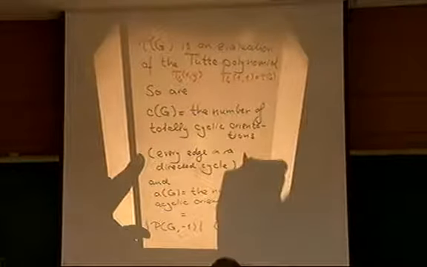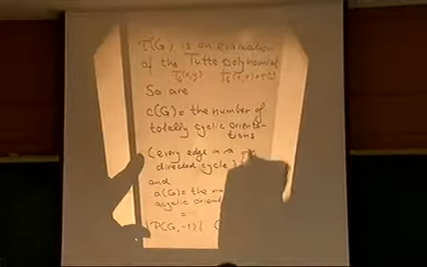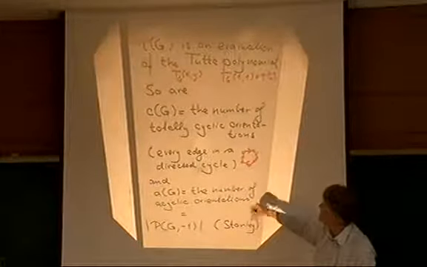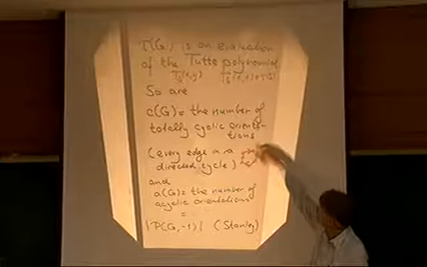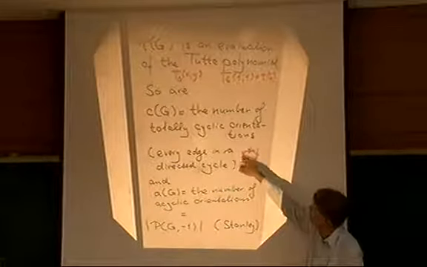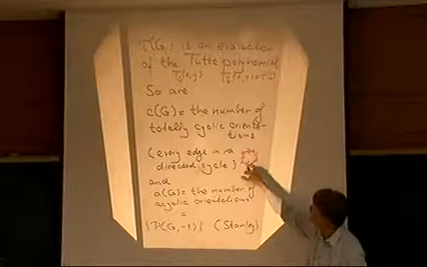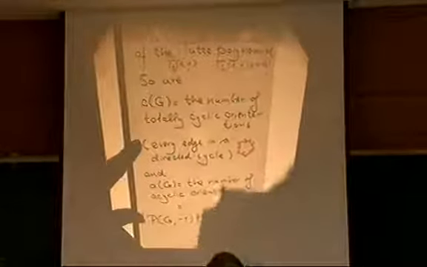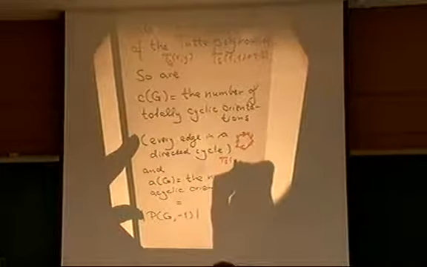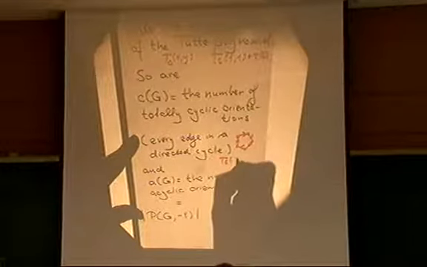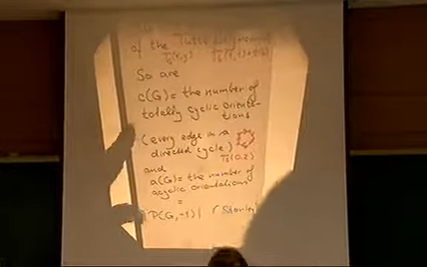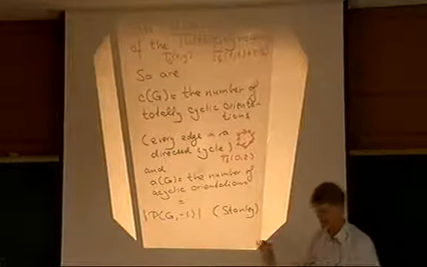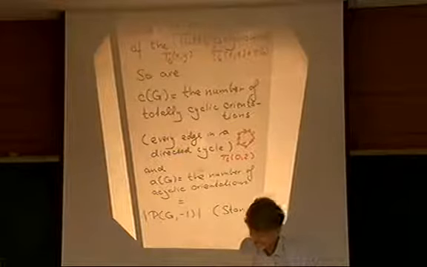By directed cycle, I mean a cycle where all the edges go in the same direction. And totally cyclic orientation means that it's an orientation such that every edge is in such a cycle. And that turns out to be T_G(0,2), the Tutte polynomial evaluated at (0,2). And I'm not going to explain what the Tutte polynomial is.